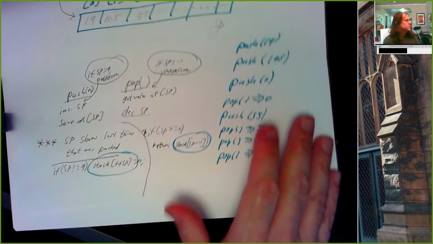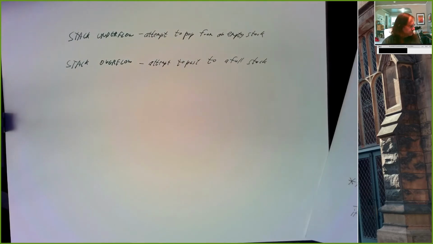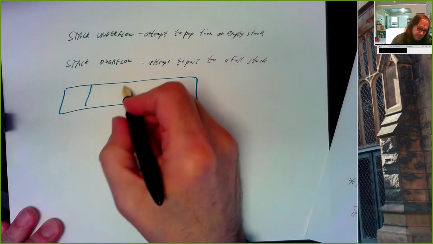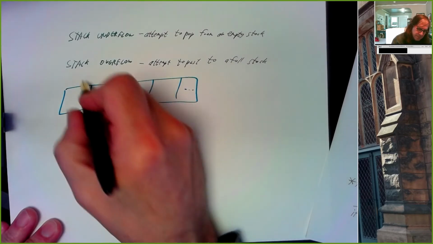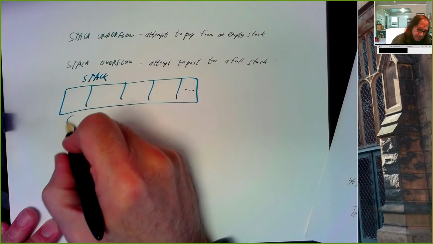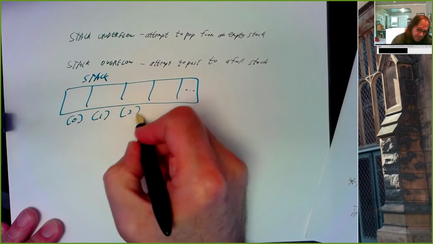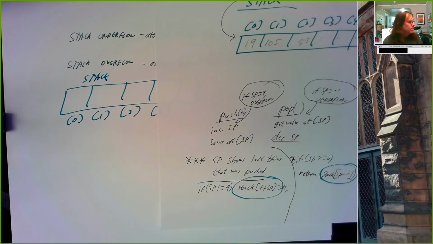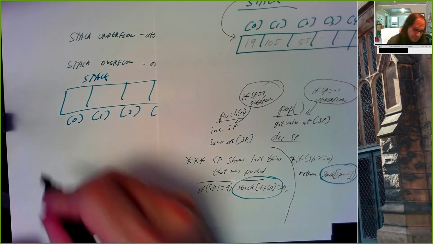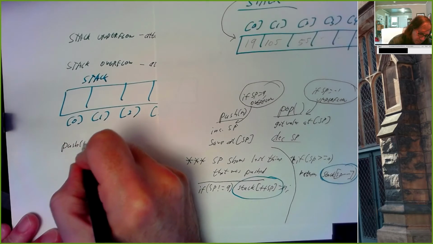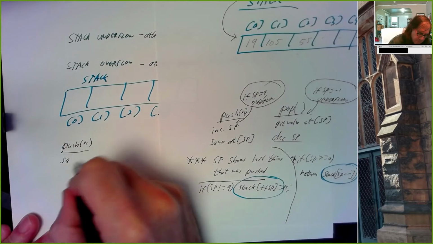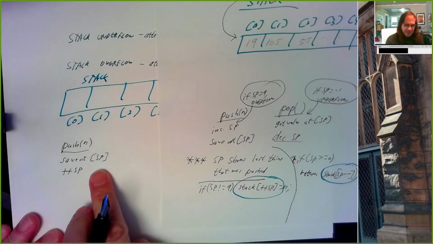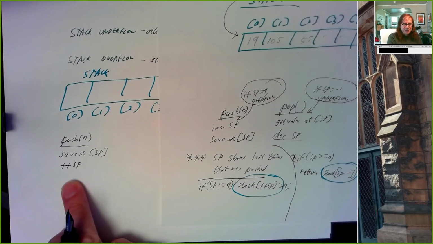All right, so this is one implementation. Let me just show you a different possibility. We could implement a push at the location currently pointed to by stack pointer, and then increment the stack pointer.